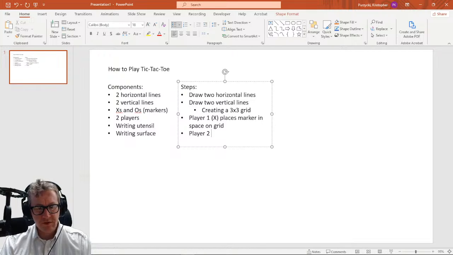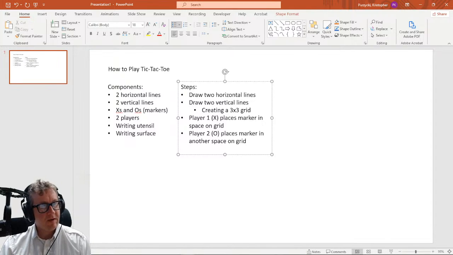Player 2, O, places marker in another space on grid. Okay.